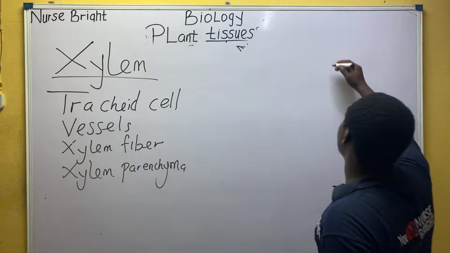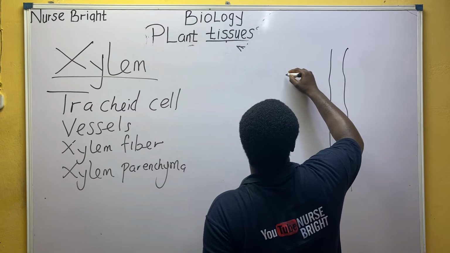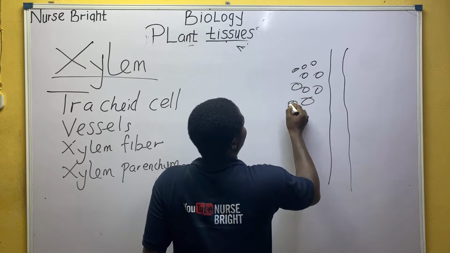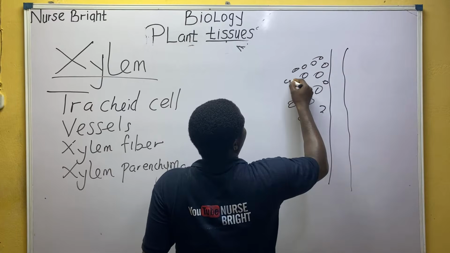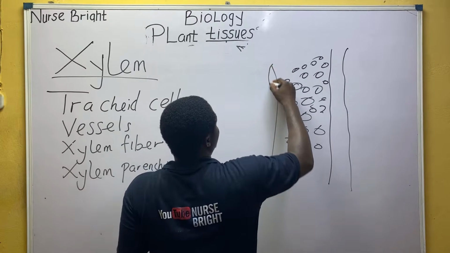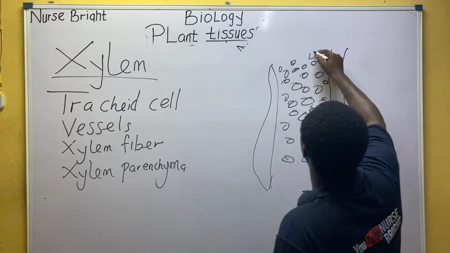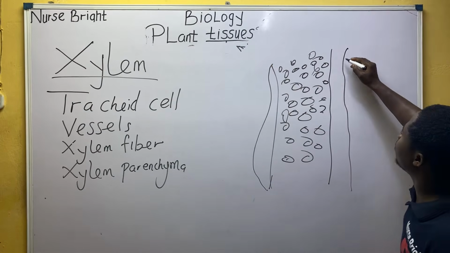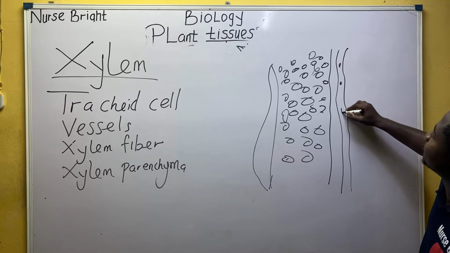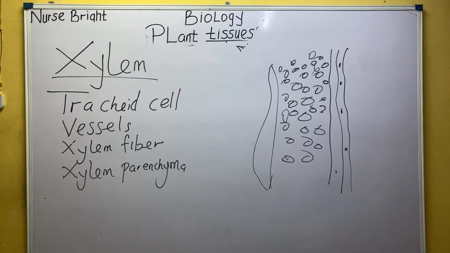So let's just basically draw this like this. Alright, so this is how it works. Just pay attention. This one that we're having like this is what we call the xylem parenchyma.